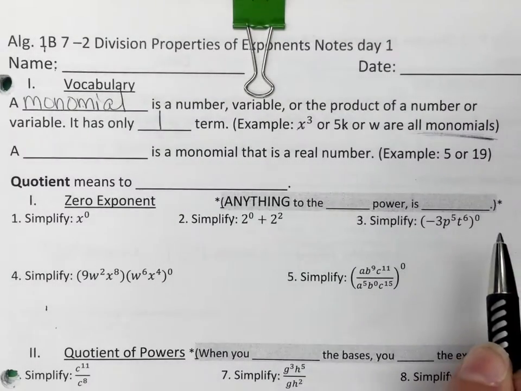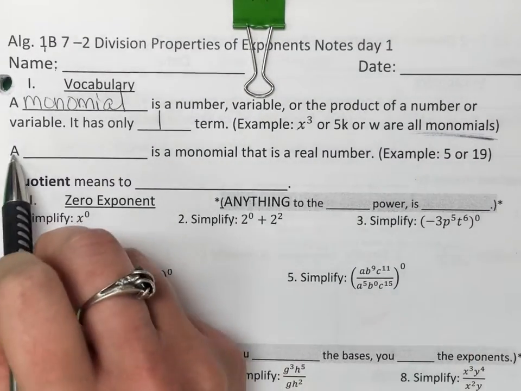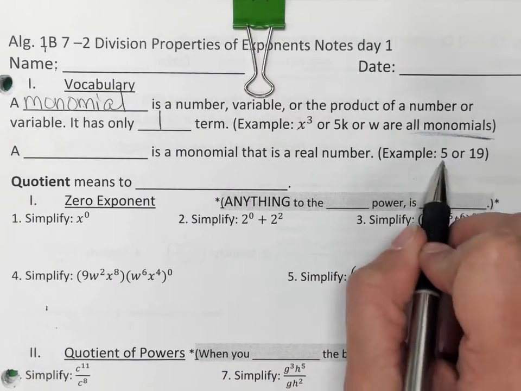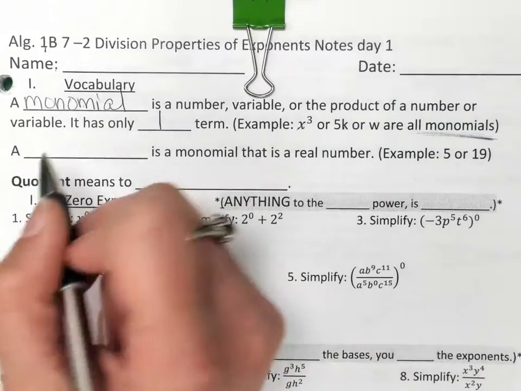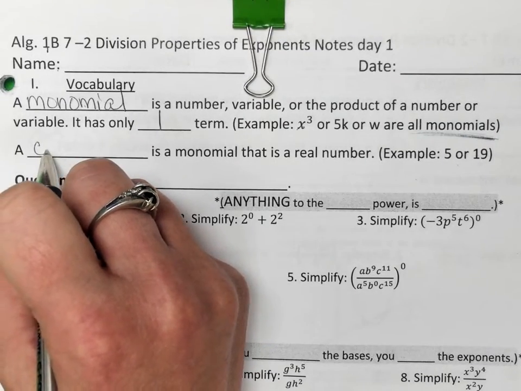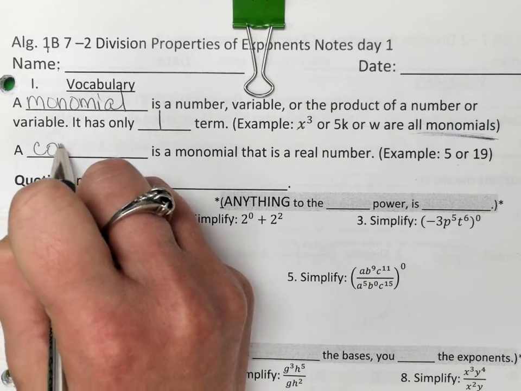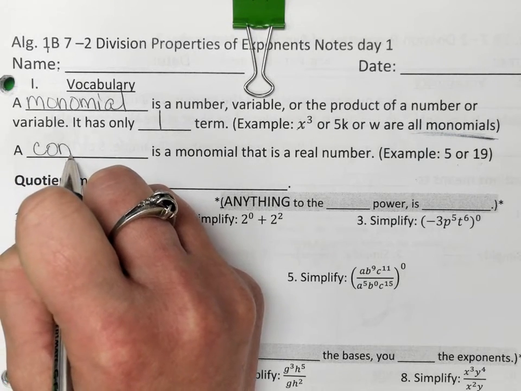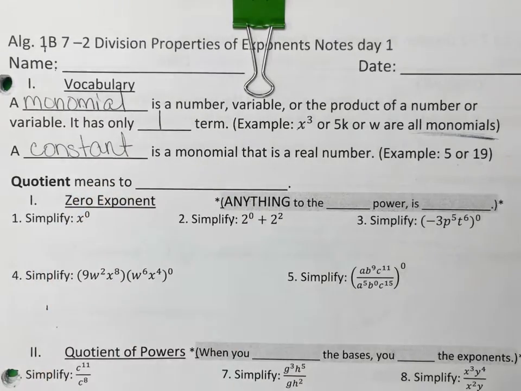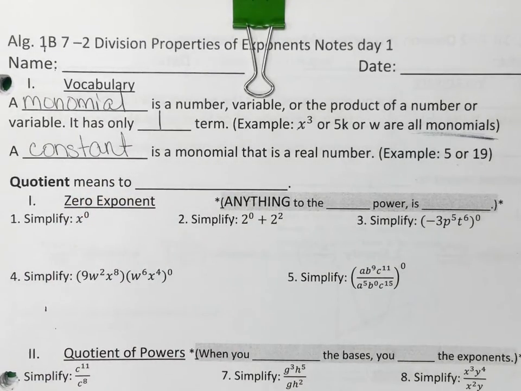There you go. So a blank is a monomial that's just a number. What did we call it if it was just a number? It started with a C. Constant, Jalen. Very good. You've got to know those words, especially for science.